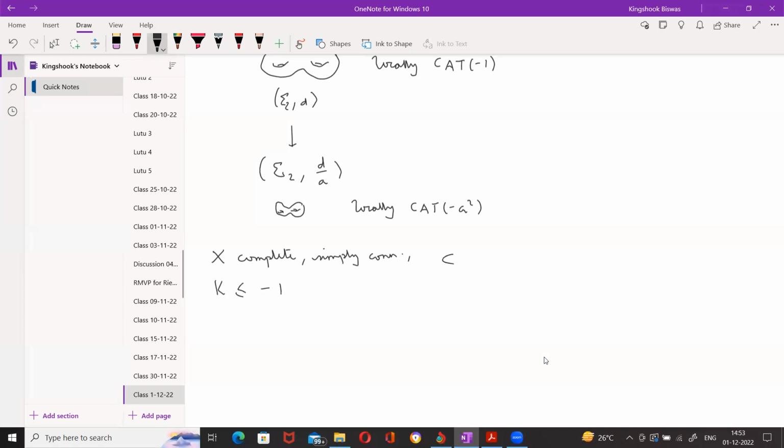This is contained inside CAT(-1) spaces, strictly contained. And CAT(-1) spaces are contained inside CAT(0) spaces.